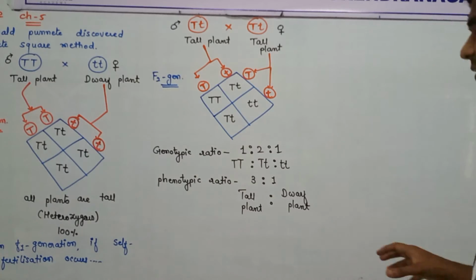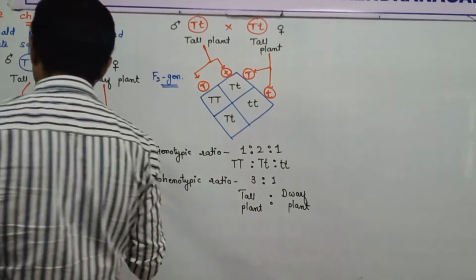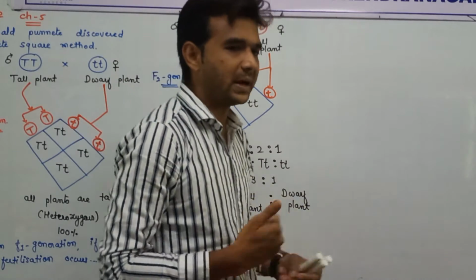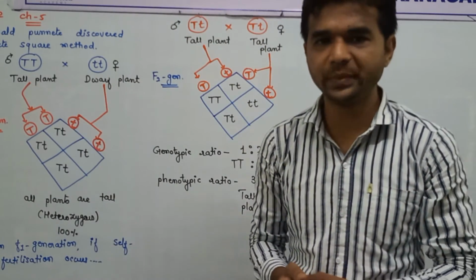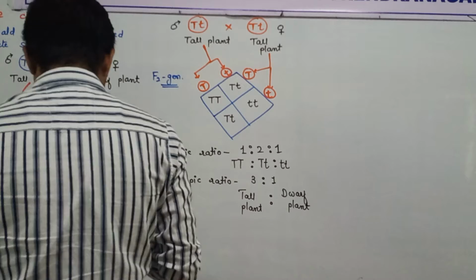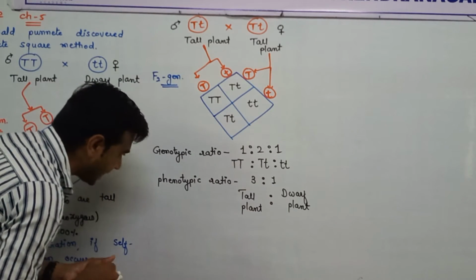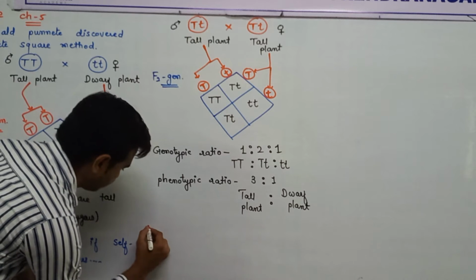So now the 3:1 ratio, how will it come? Fine. That is explained by one polynomial. So here we can take the polynomial (ax + by) whole square.